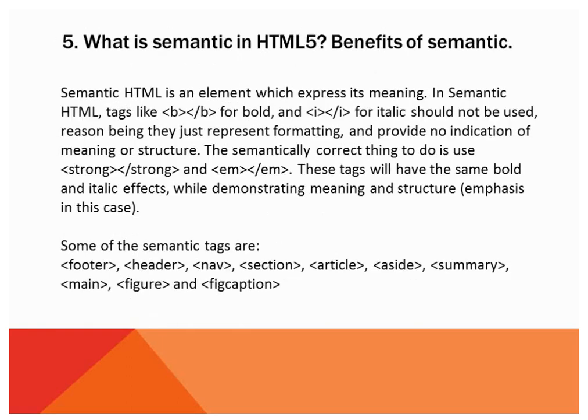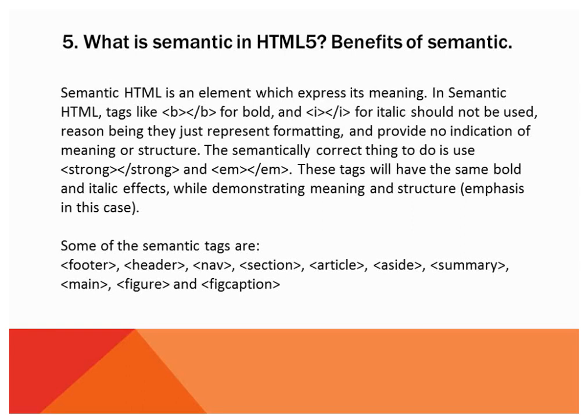Then, the fifth one: what is semantic HTML5 and the benefits of semantic tags? Semantic HTML is an element which expresses its meaning. In semantic HTML, tags like b for bold and i for italics should not be used, the reason being they just represent formatting and provide no indication of meaning or structure.